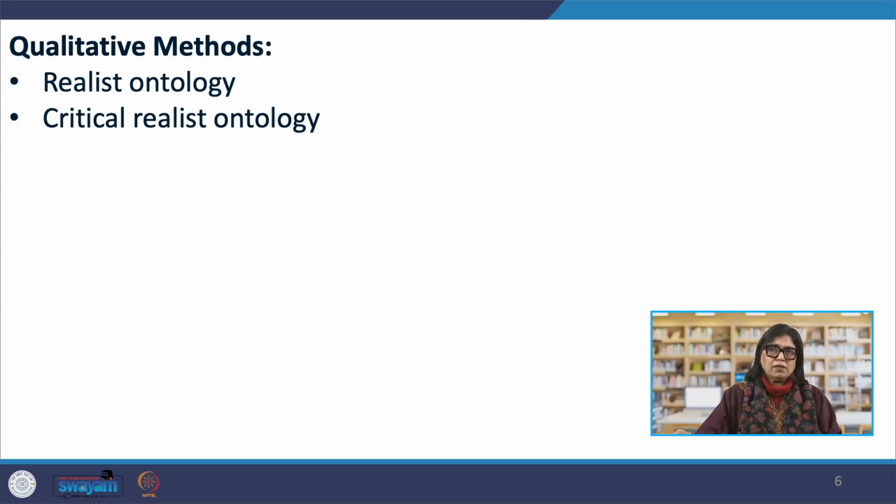Well, there are other examples of ontological stances in qualitative research, like realist ontology. A researcher studying the impact of a new educational program might assume a realist ontology, believing that there is an objective reality about the program's effectiveness that can be discovered through research.